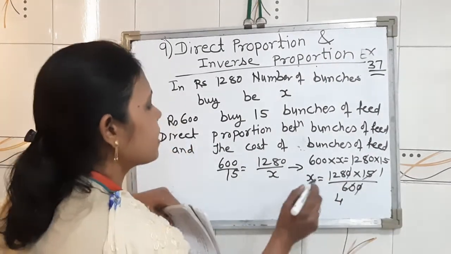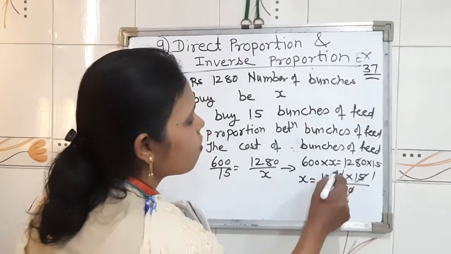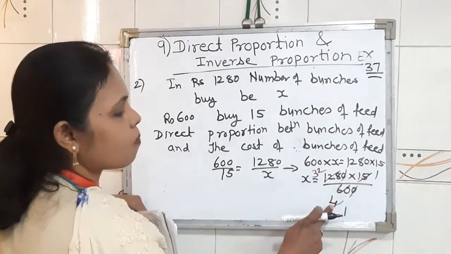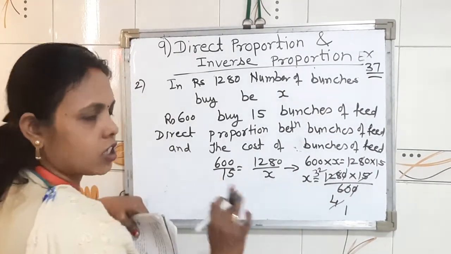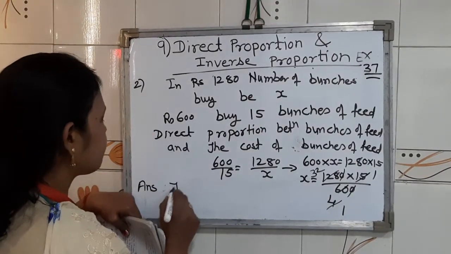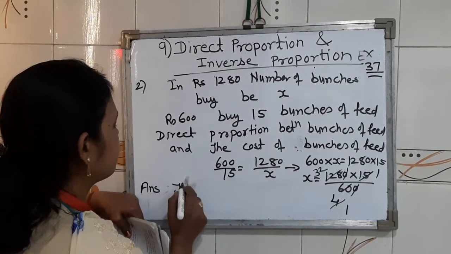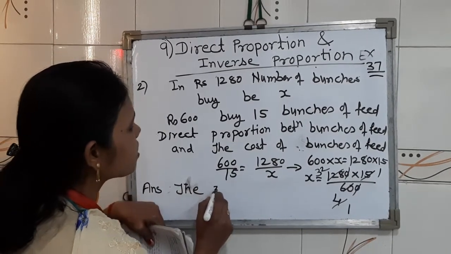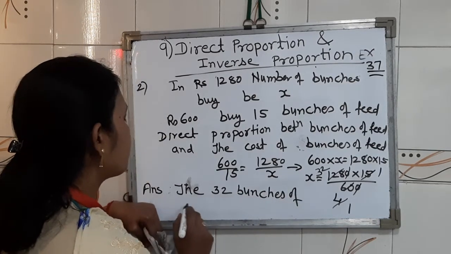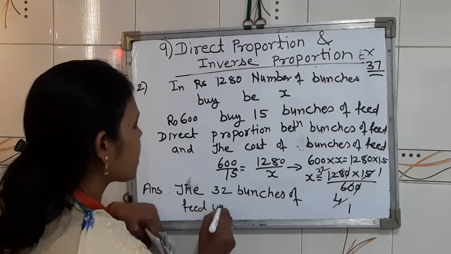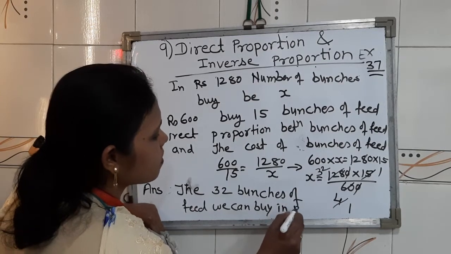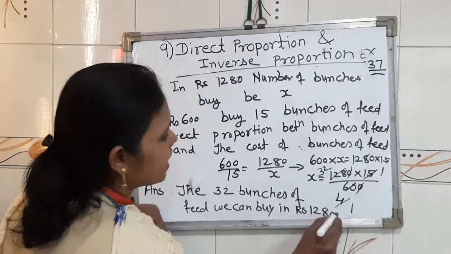By which table will we cancel this? 4 ones are 4, 4 threes are 12 and 4 twos are 8. Means 128 upon 4 cancels to 32. Therefore write down the answer: we can buy 32 bunches of feed in rupees 1280.